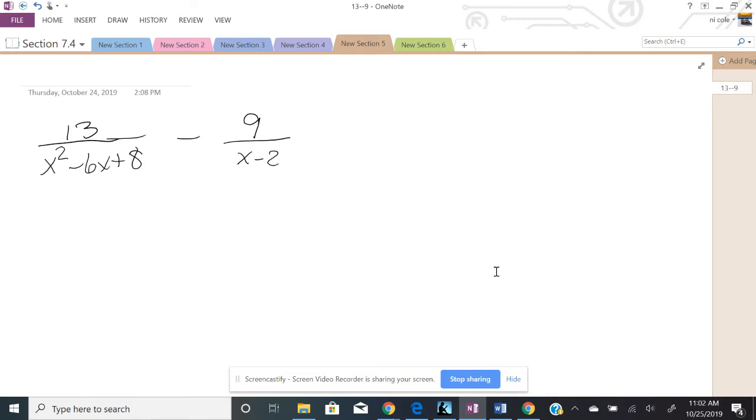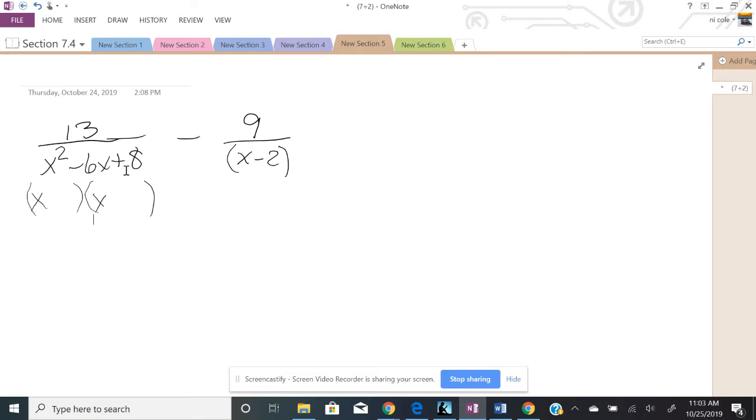All right, what about this problem? Well, how do I get my x minus 2 to look like this? Well, I'm not sure, so I'm going to put parentheses around my x minus 2. The x squared minus 6x plus 8, well, I'm going to start by trying to factor. So I can get x and x from the plus in front of the 8.